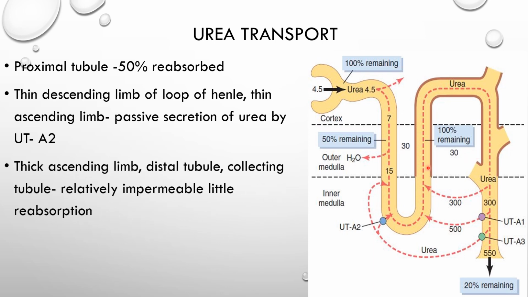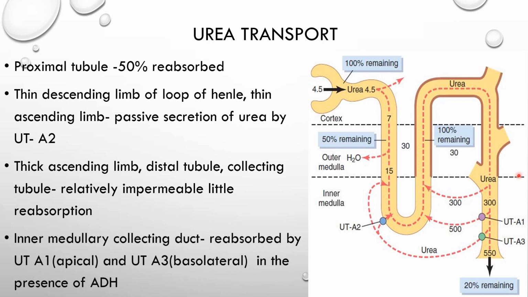In the thin descending limb and the thin ascending limb, passive secretion of urea happens by urea transporter A2. The thick ascending limb, distal tubule and the early collecting tubule are impermeable to urea.